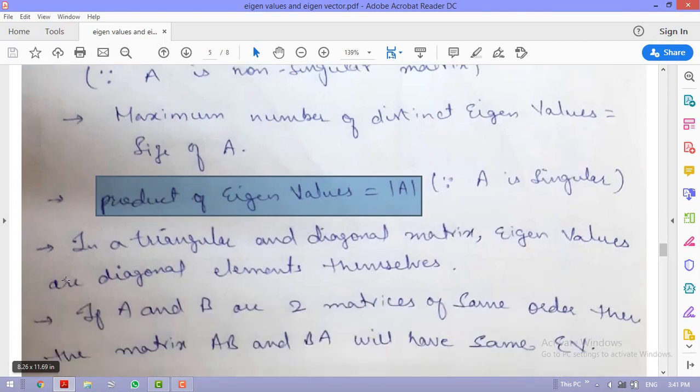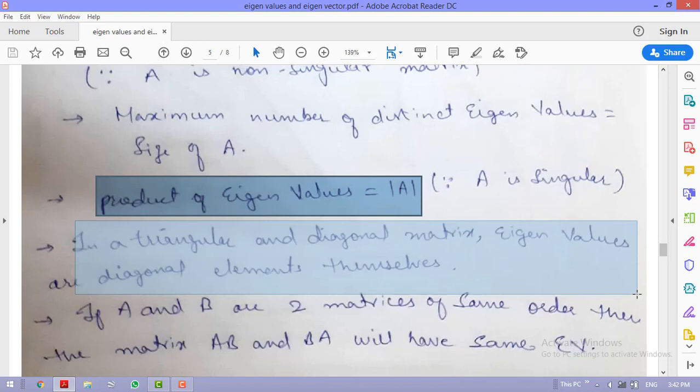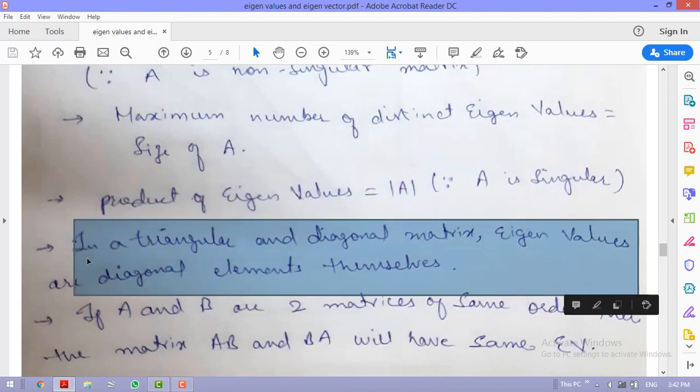And the next property is, in a triangular matrix and diagonal matrix, the eigenvalues are the diagonal elements themselves. Right. In my last videos on matrices, you might have seen the triangular matrix and diagonal matrix. What I explained in the last video is upper triangular and lower triangular.